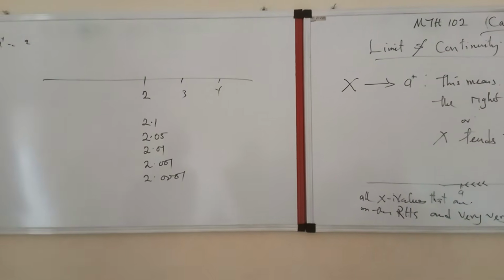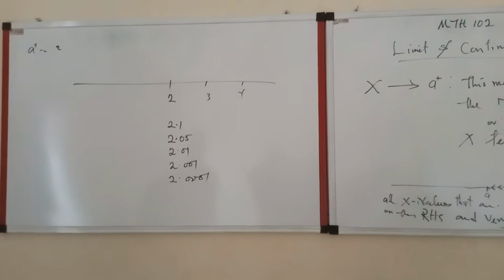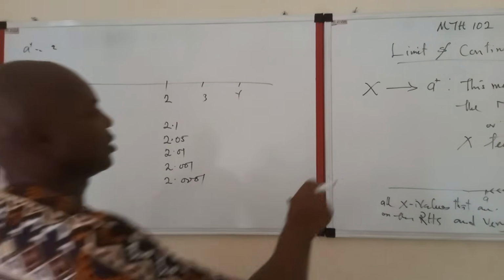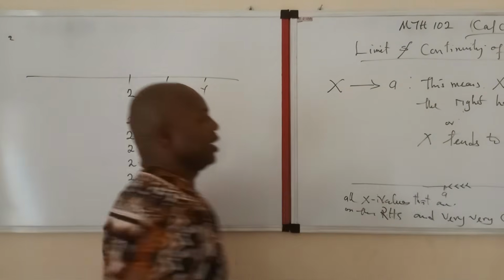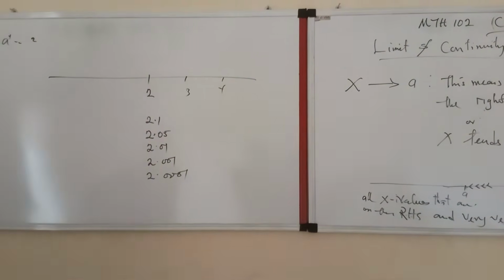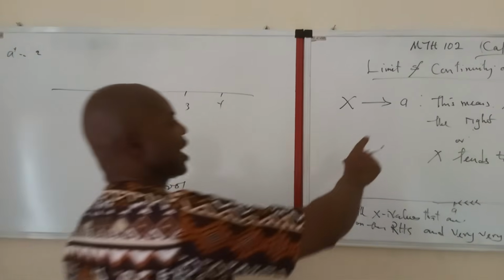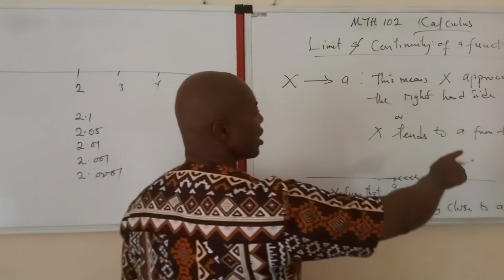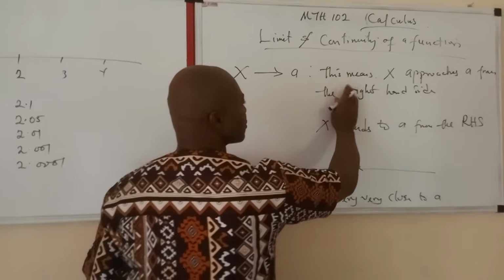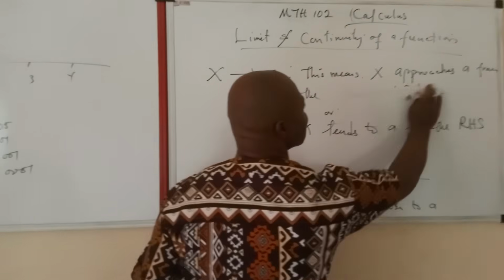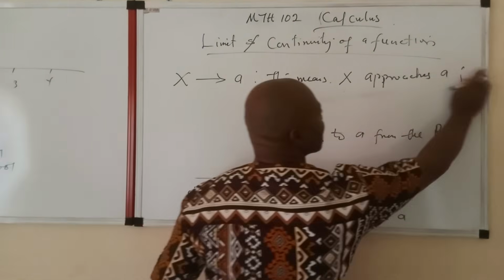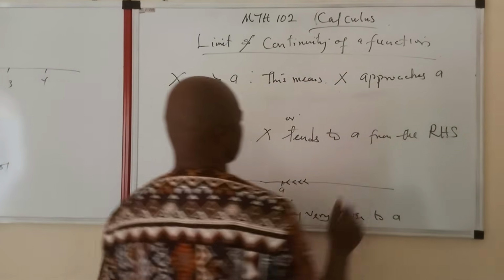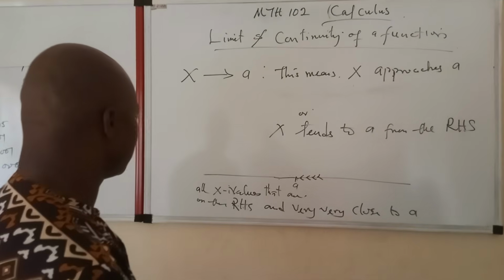Now, what of in a case where no sign is given? Just say x tends to A. It means x takes numbers and approaches A. We're talking about all x values.